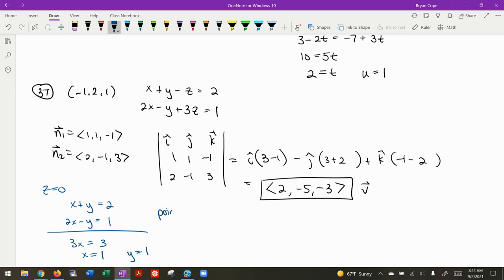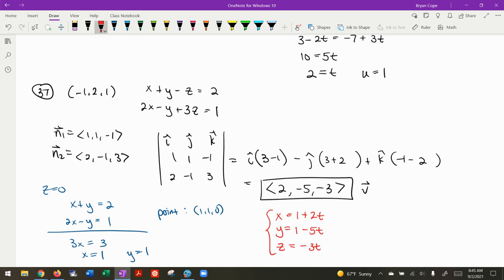So a point on the line is 1, 1, 0, which means parametrically, my line of intersection is x equals 1 plus 2t, y equals 1 minus 5t, and z equals negative 3t.